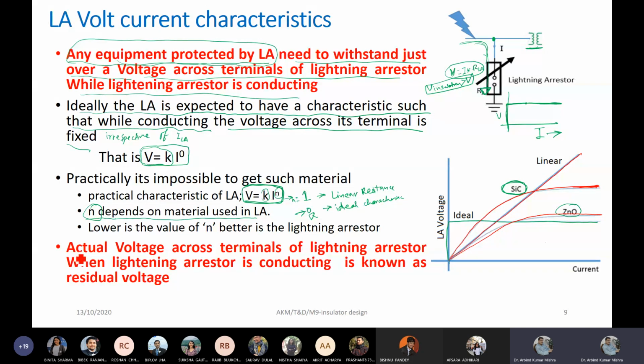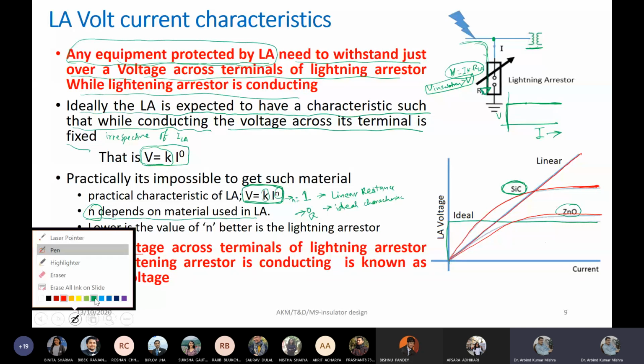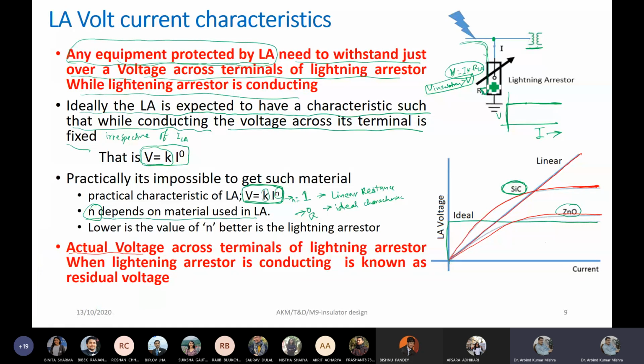So the actual voltage across the terminals of the lightning arrester when it conducts has a definition. Just now I have been mentioning the voltage across the lightning arrester many times, but from now onwards we will use a term called residual voltage. So what is the residual voltage?